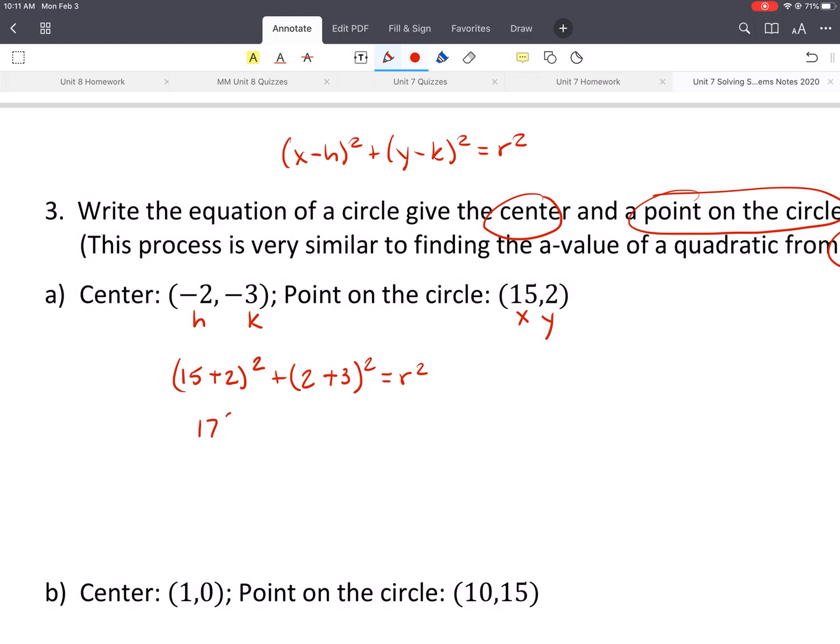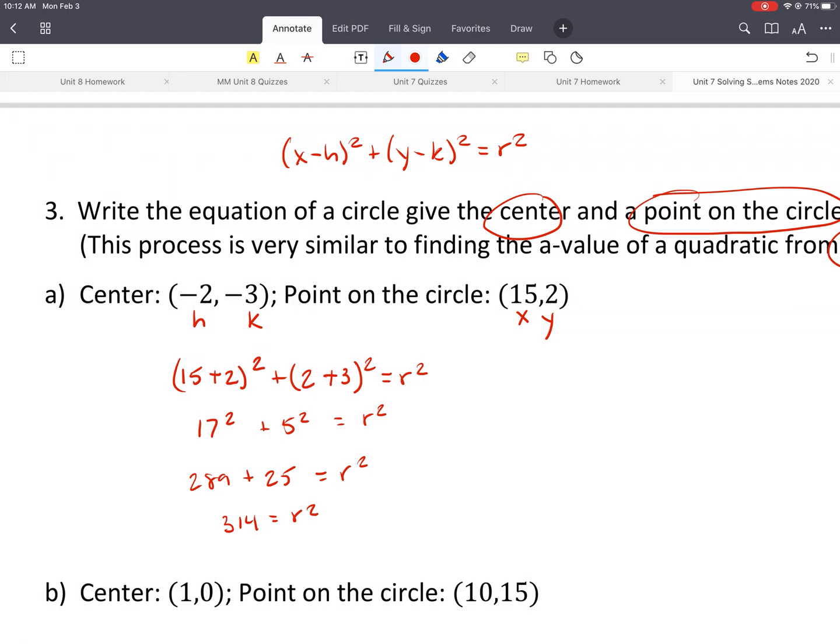So that would be 17 squared plus 5 squared. Then you probably want to use your calculator and figure out what 17 squared is. So that's 289 plus 25 is equal to radius squared. And we add those together, that gives us 314 is equal to the radius squared.